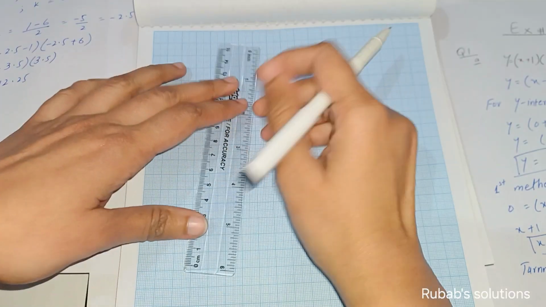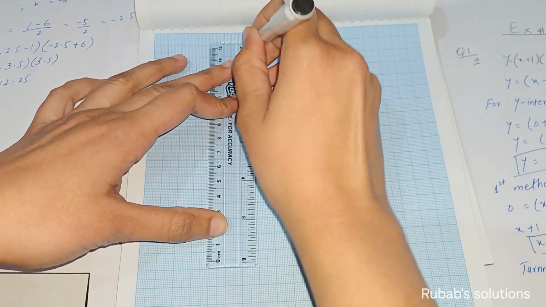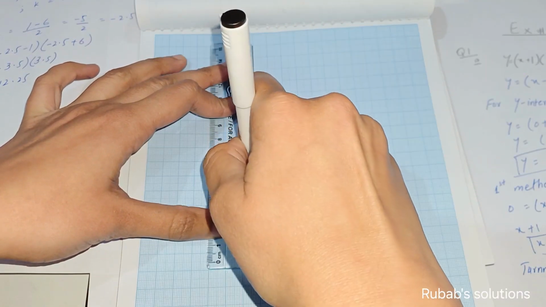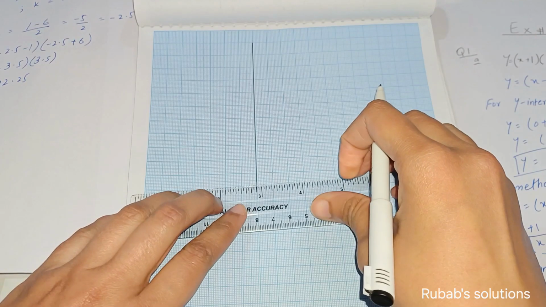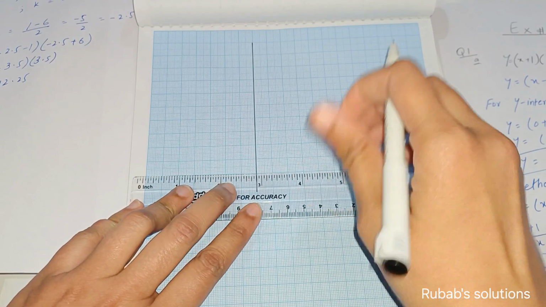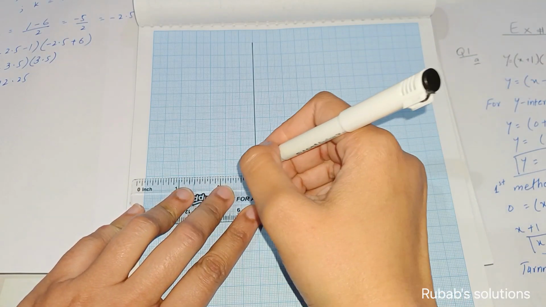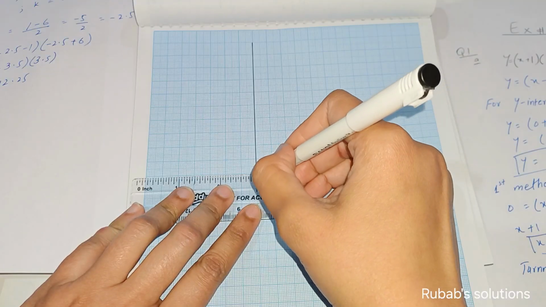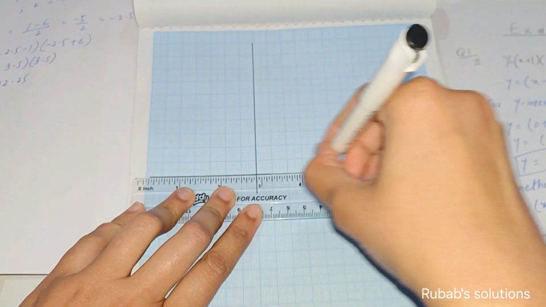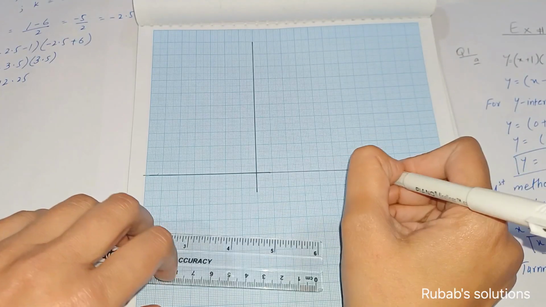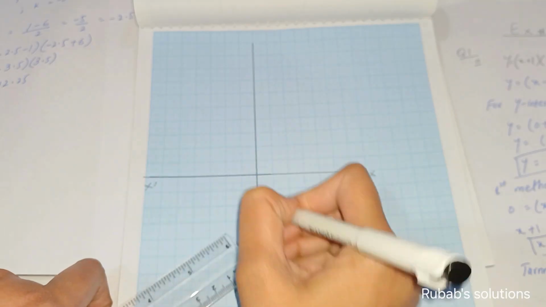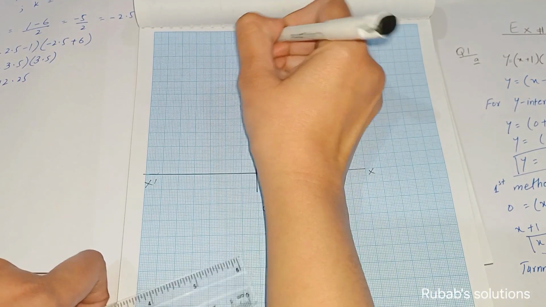Okay, from here if I start, because there is no negative value for y, I will start from here. So this is x, positive, negative, negative and positive.